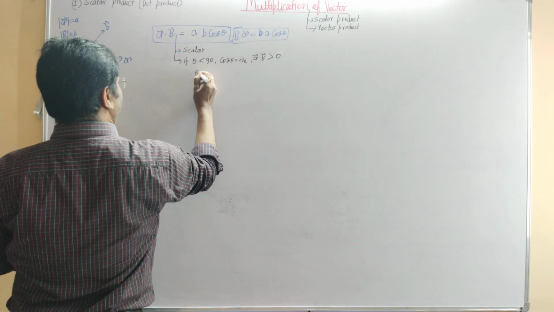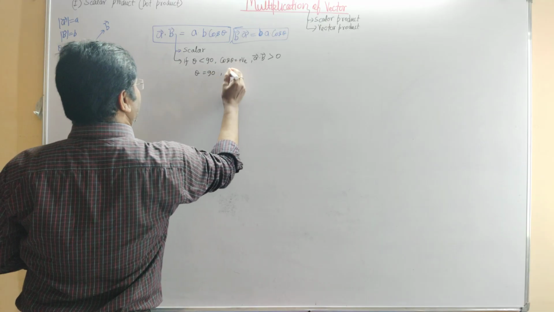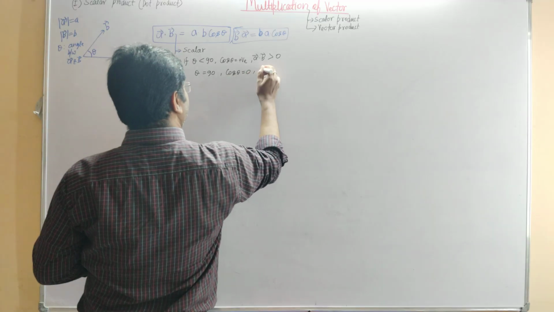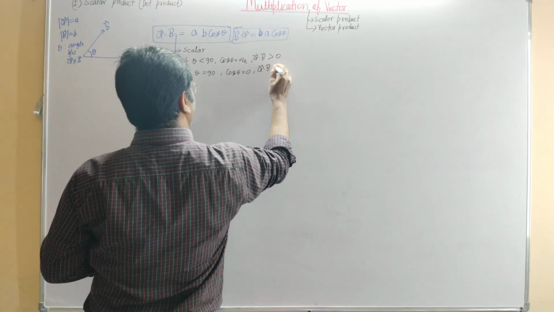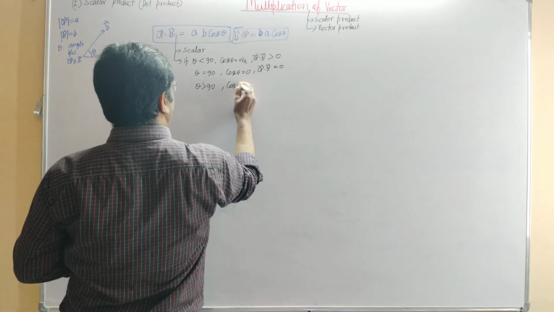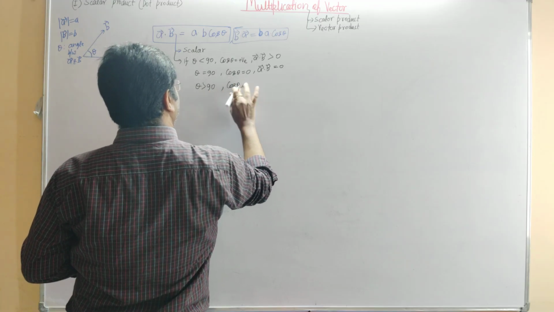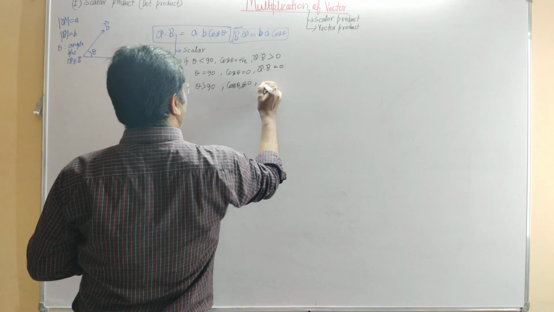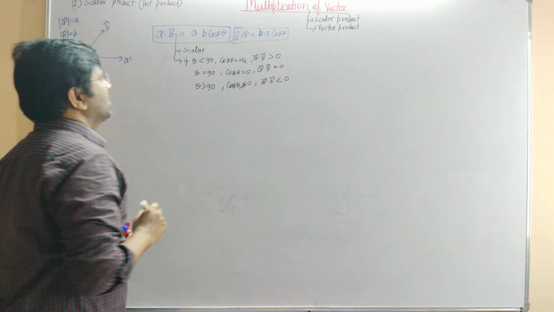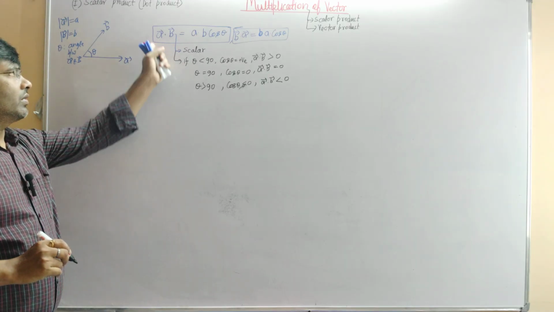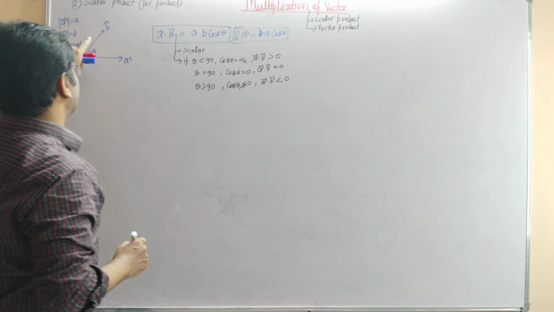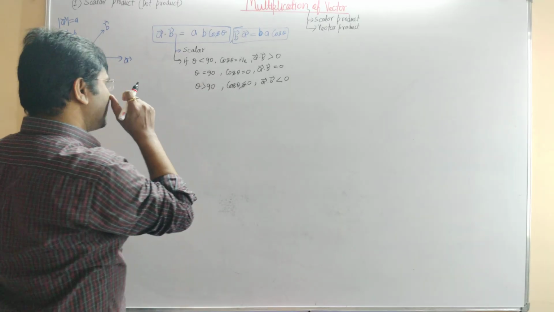If theta equals 90, that means cos 90 is 0, so the dot product of the two vectors will be 0. If theta is greater than 90, then cos theta is negative, so A dot B is also negative. So this is a scalar. It will only give a value, and if the angle between the vectors changes, the value changes. This is how we relate it.